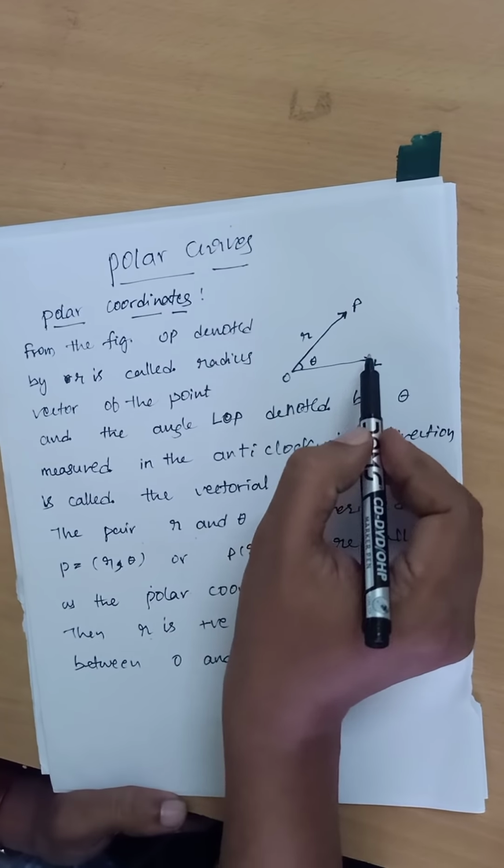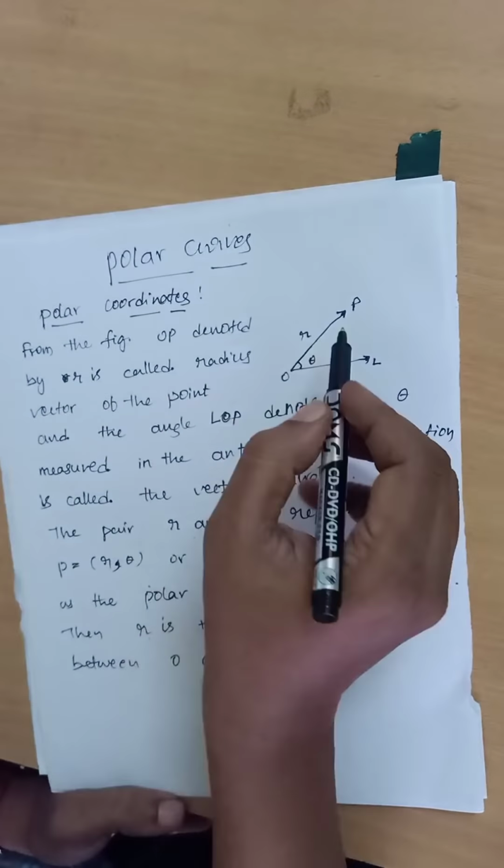This OP is rotating one complete circle in the anti-clockwise direction, where r is positive, making an angle theta. This r is the radius vector and theta is the vectorial angle. See, r is always positive and theta lies between 0 and one complete rotation, 2 pi. So we call P of r comma theta the polar coordinate, compared with x comma y.